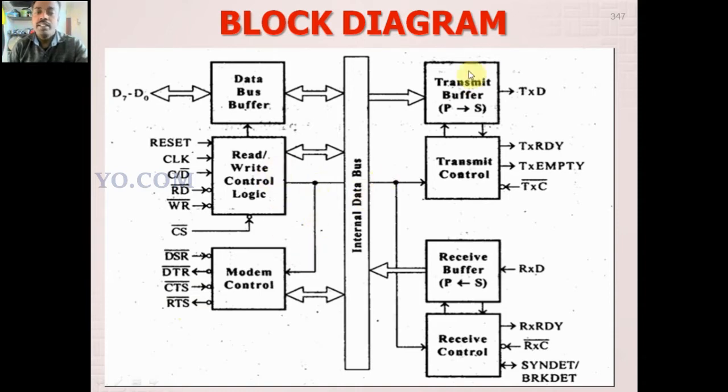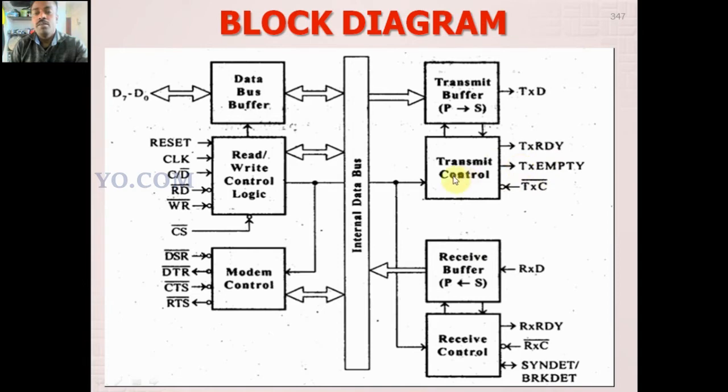On the right side we have the output blocks, that is the transmit buffer. These are used for the transmitter, and these two blocks are used for the receiver. The transmit control has transmit ready, transmit empty, and transmitter clock.